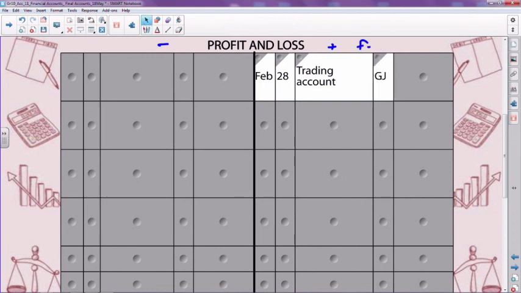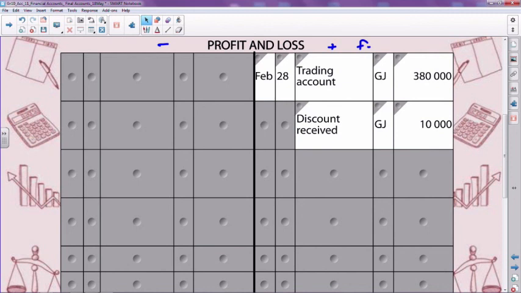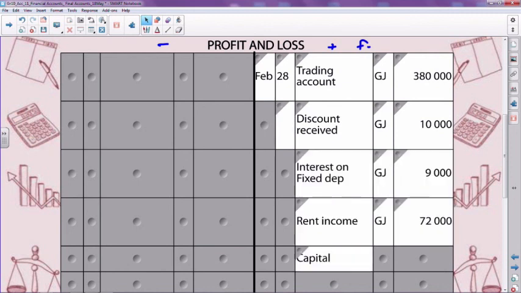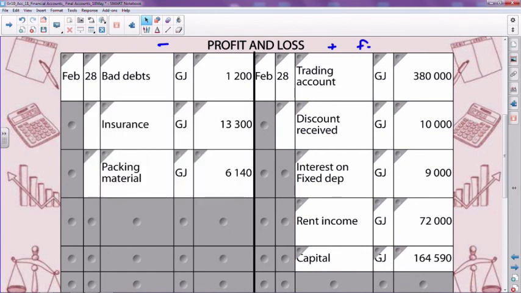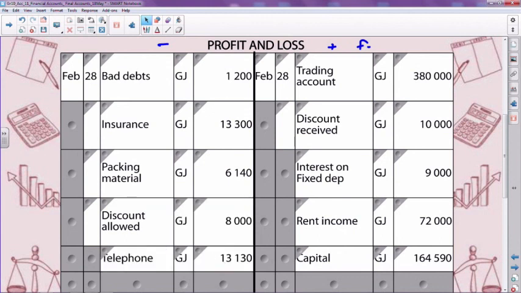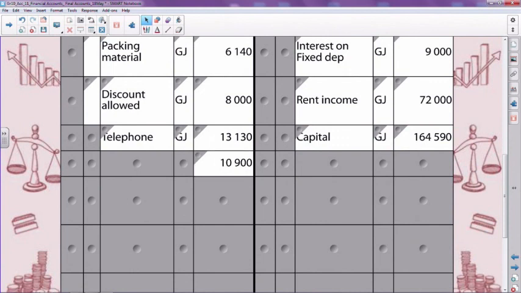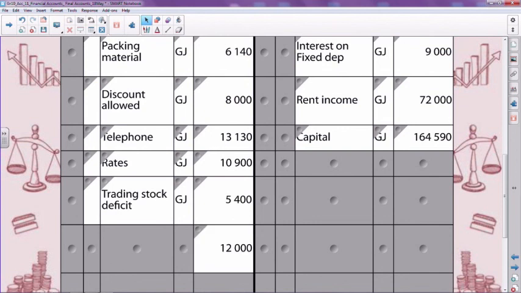So what you're going to do is list all of this income after your adjustments on the credit side, and list all your expenses on the debit side. So income on the credit side, your expenses on the debit side. And as you can see, all these amounts I'm revealing are shown as your after adjustment amounts.